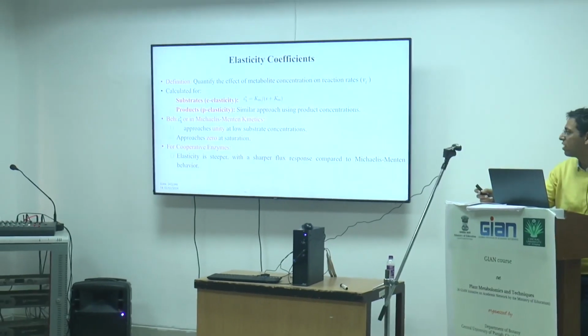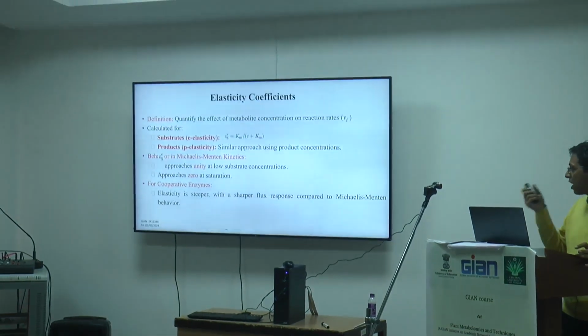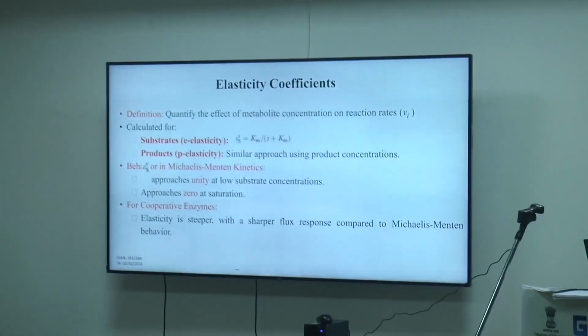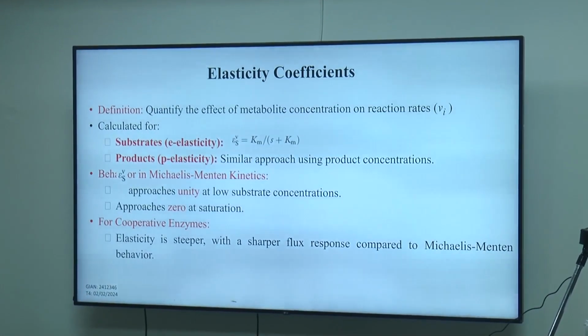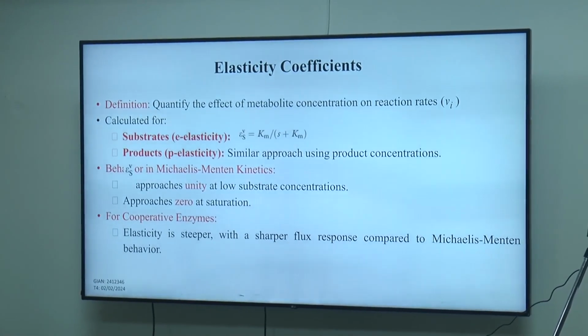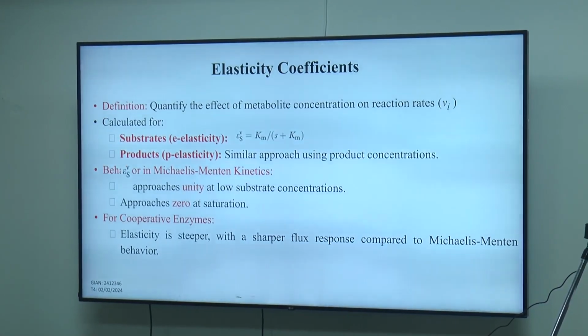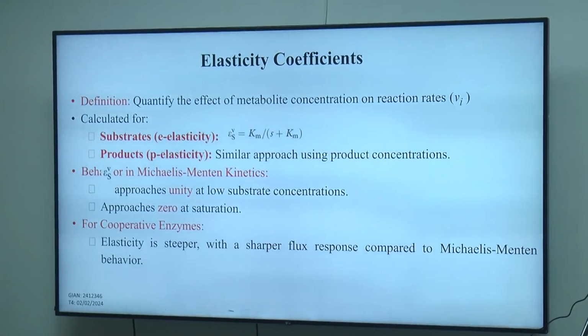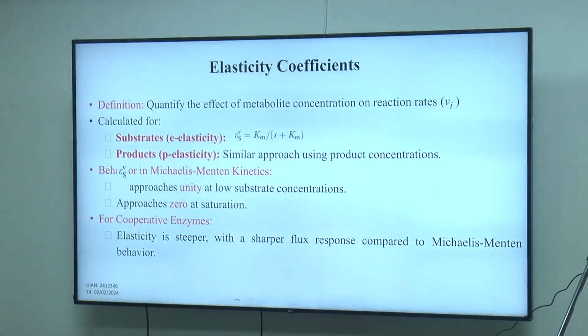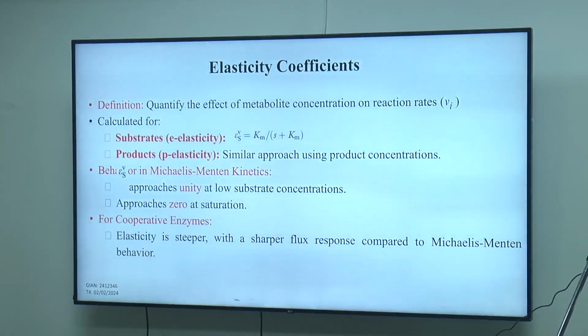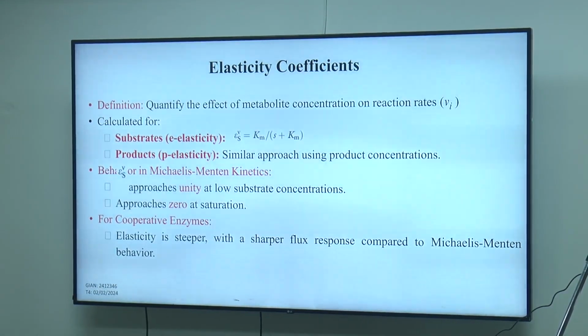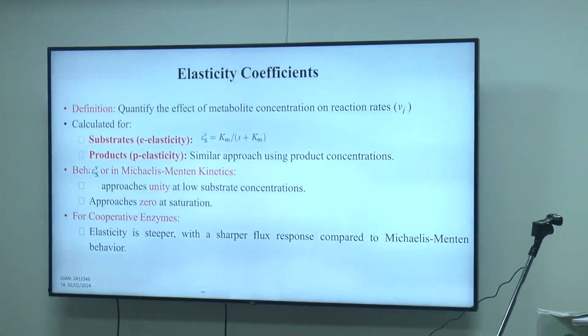This is the Michaelis-Menten equation, the kinetics we use, and the approach starts from low substrate concentration, then slowly we increase and decrease the substrate concentration, and we try to understand how this substrate concentration influences the different steps of that biosynthetic pathway.